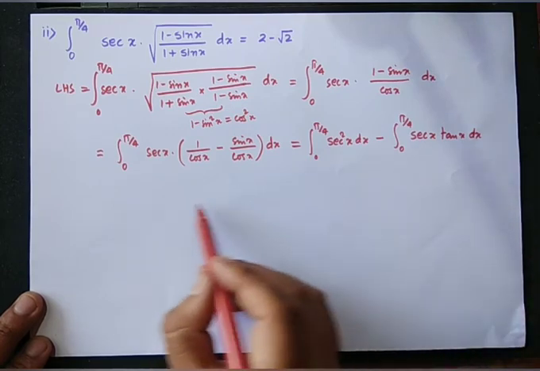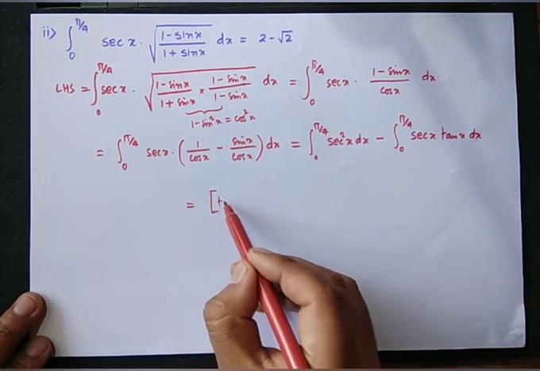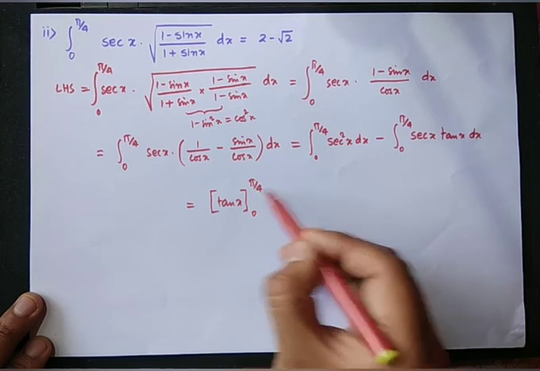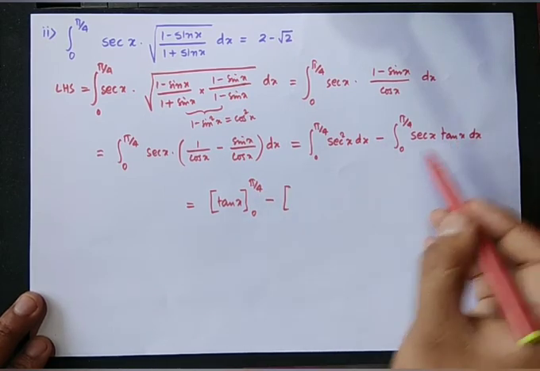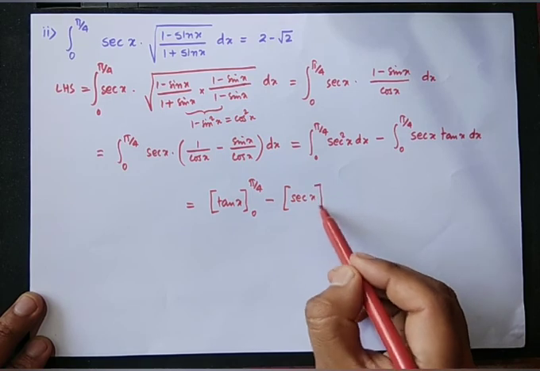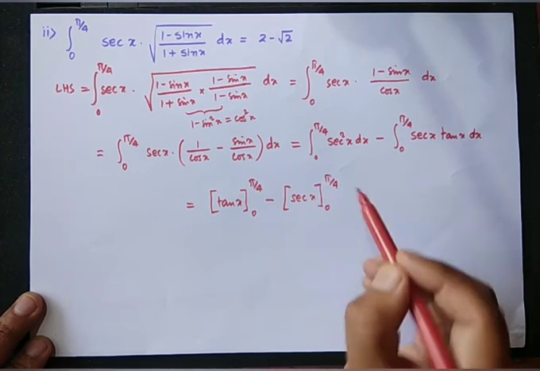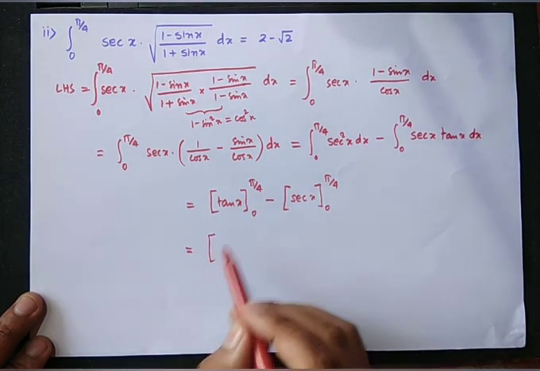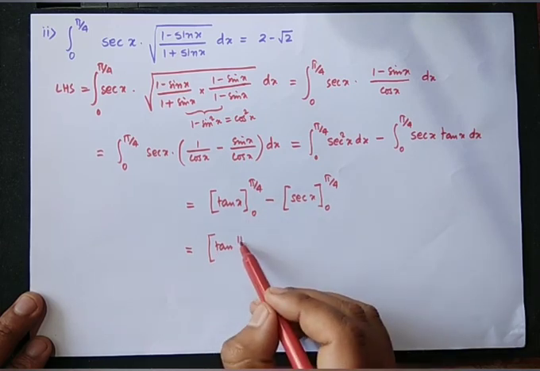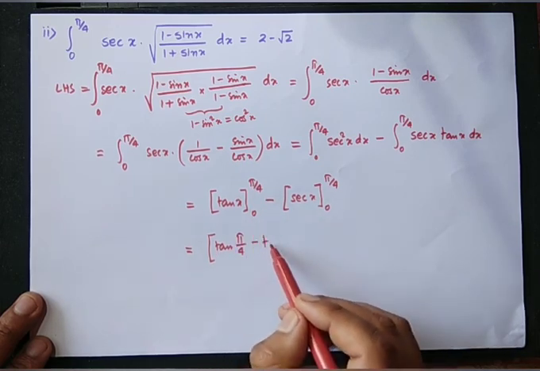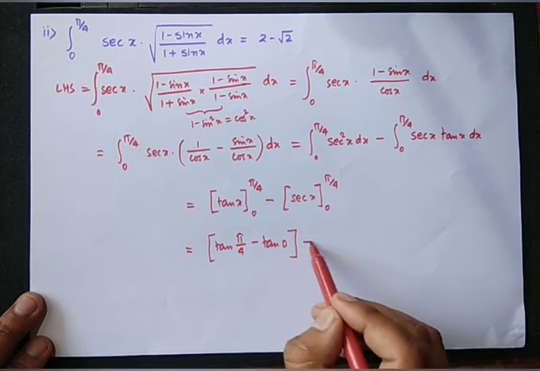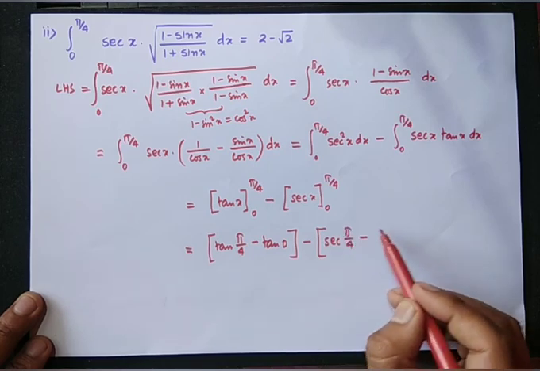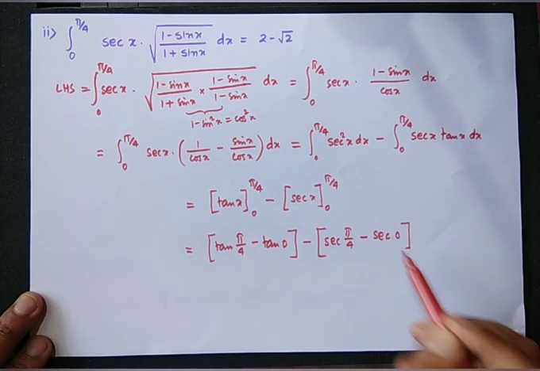And we know the integral of sec square x is tan x, lower limit is 0, upper limit is pi by 4, minus the integral of sec x tan x, which is sec x, lower limit 0, upper limit pi by 4. So let us put in the values for the lower and upper limits. We have tan pi by 4 minus tan 0, minus sec pi by 4 minus sec 0.